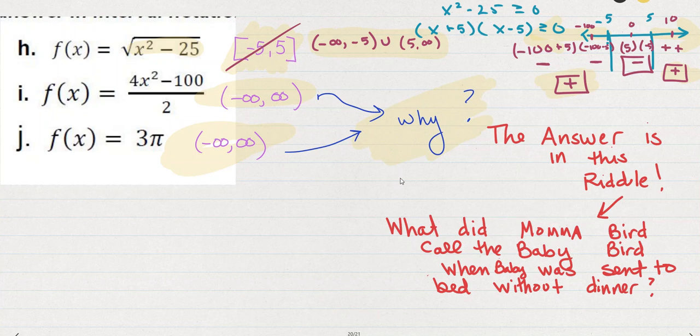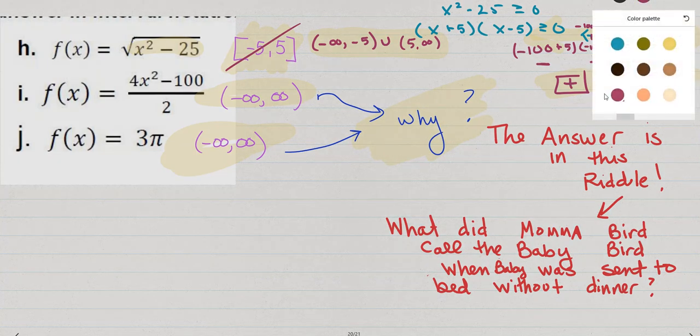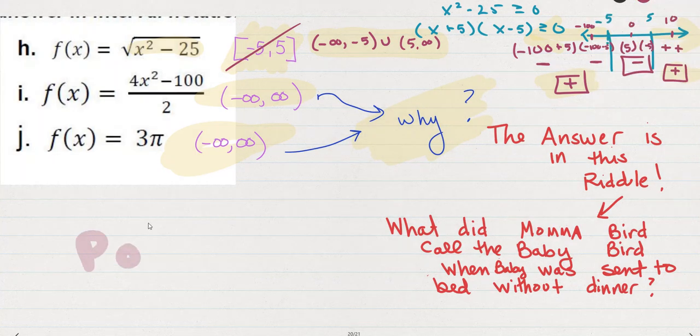What did the mama bird, and let me give you a further hint. The mama bird is like a parrot, a domesticated bird. Often, those birds are called Polly, aren't they? What did the mama bird call the baby bird? So Polly is maybe the baby bird's name.